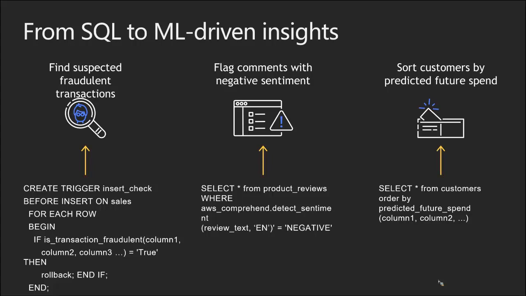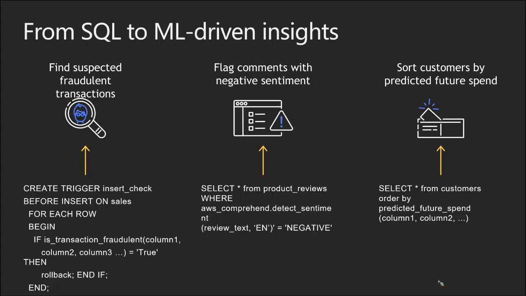Second example would be sentiment analysis. So here I'm using Comprehend, which is an AWS machine learning service that can do sentiment analysis. And in this example, I'm looking at a table of product reviews, and my customers are perhaps entering some text in the review field, whether they like my products or they don't like my products.